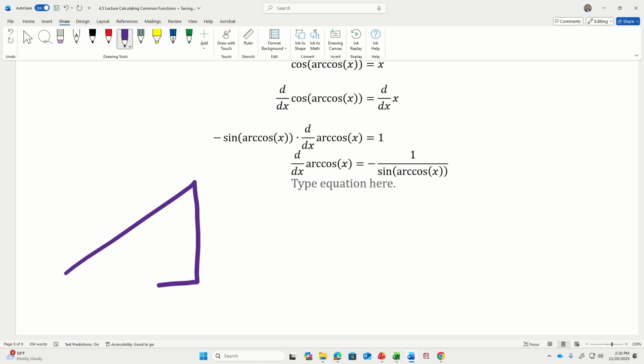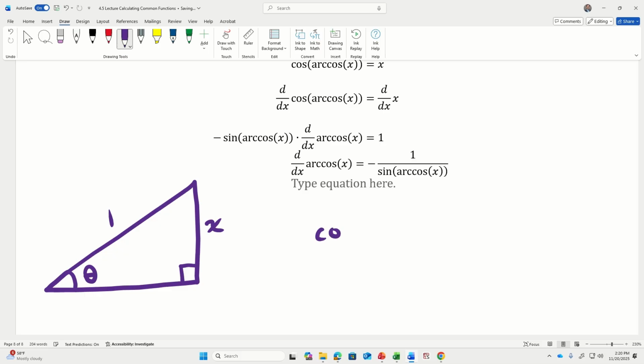And my picture involves this nice right triangle here. This is my angle theta. This is the right angle of my right triangle. Cosine is the adjacent over hypotenuse, so I want x divided by 1.